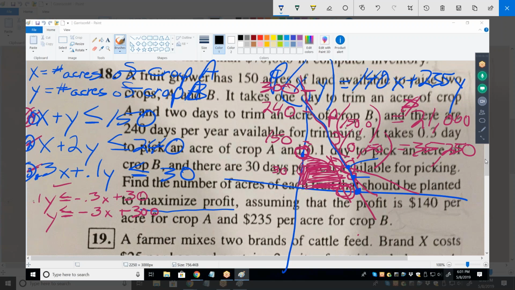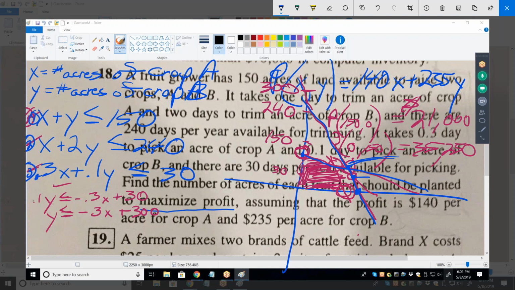In other words, that dot comes from equations 2 and 3. Solve each one of them for y, set them equal to one another, and that will give you the x and y coordinate on that point. Same thing for this dot up there, you're going to set equation 3 equal to equation 1.